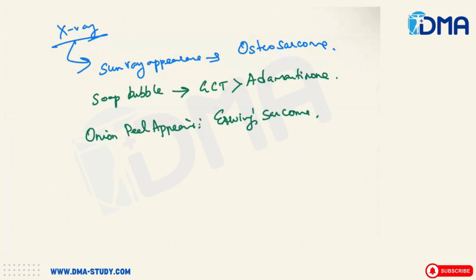Then coming to a few fractures, which is the most common bone to get fractured at birth? Most common bone to get fractured at birth is the clavicle. Next, most common, am I audible? Yes, ma'am. Most common carpal bone to get fractured is the scaphoid.